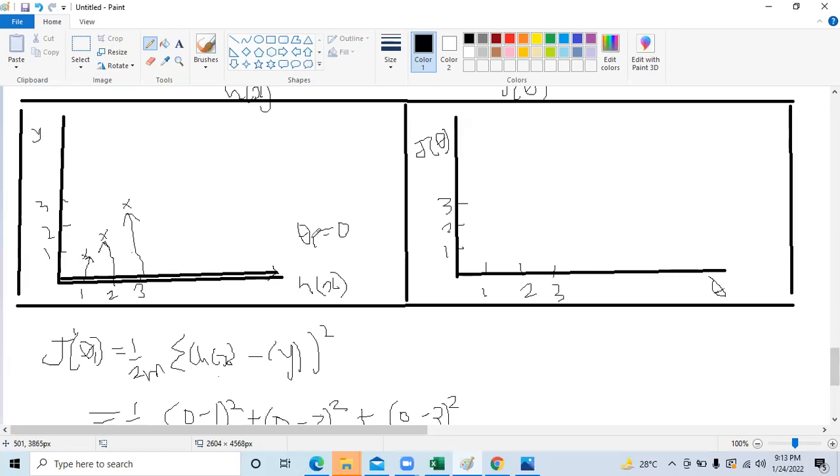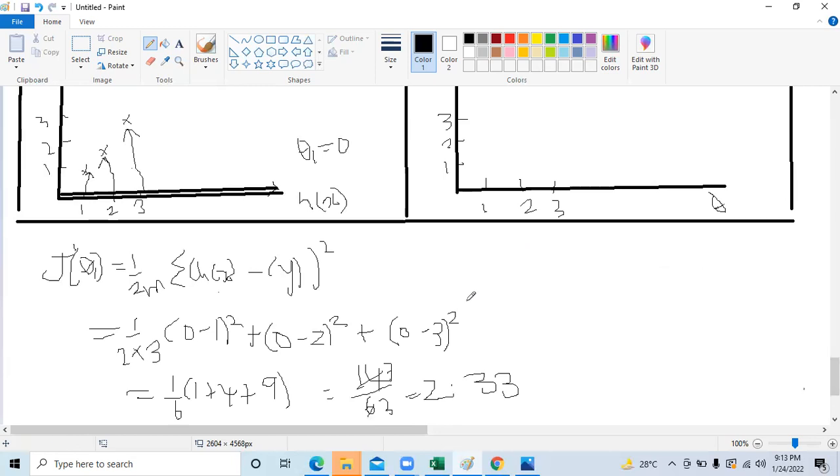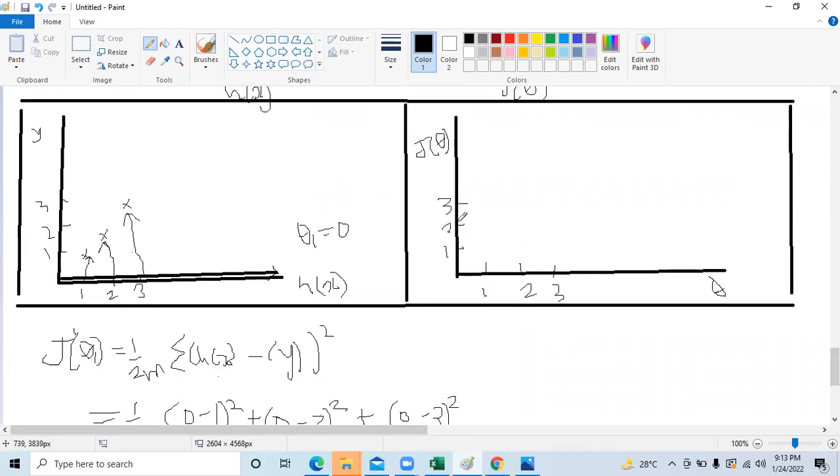So here we had theta 1 equal to 0, while our J theta was equal to 2.33. So we're going to have 2.33 somewhere here.